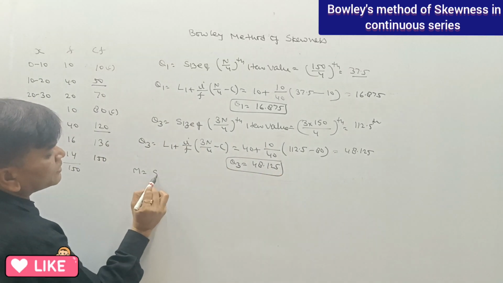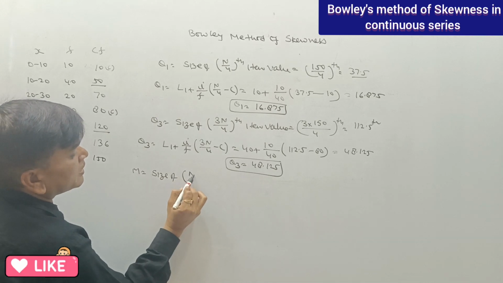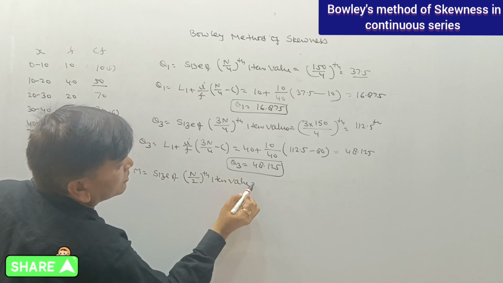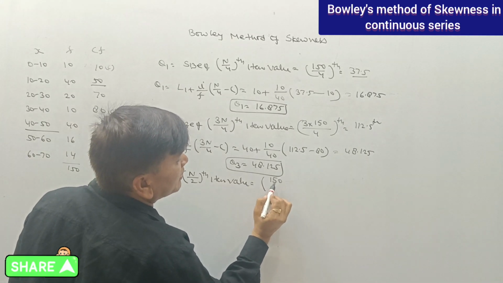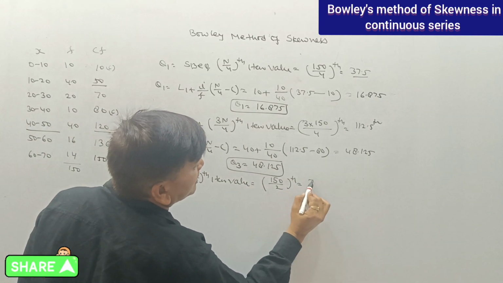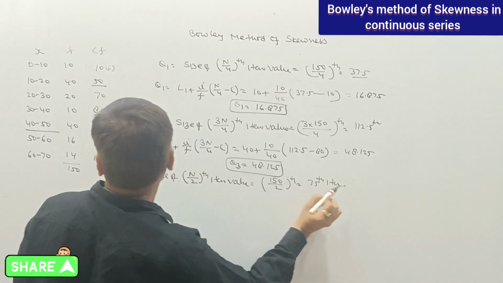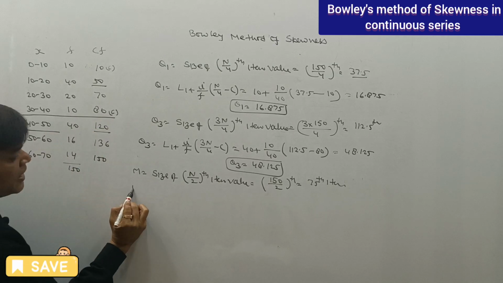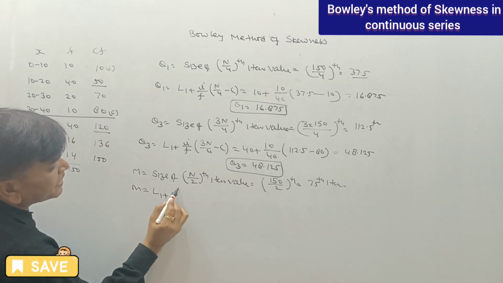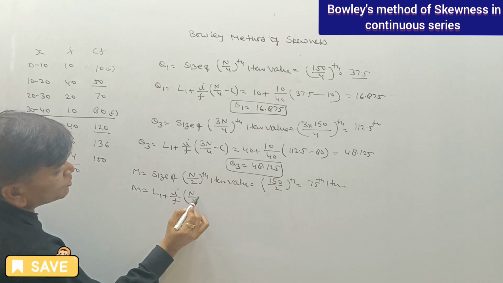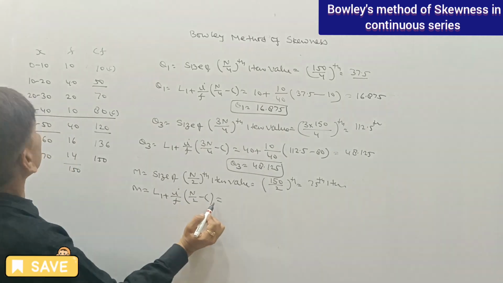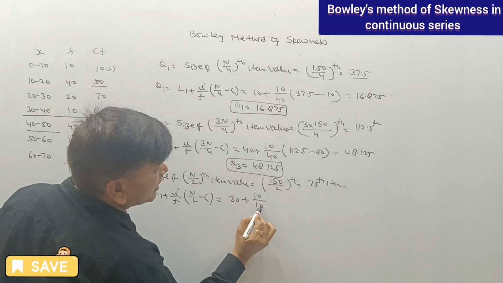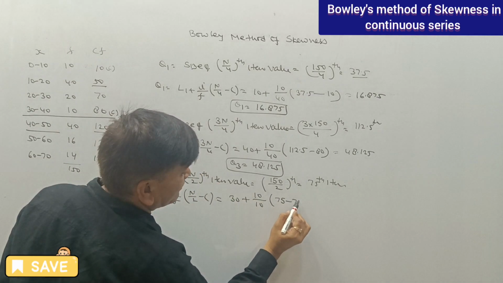Now M is equal to the size of the n by 2th item, so 150 divided by 2, that is the 75th item. So the 75th item lies in this class. So M is equal to L1 plus I upon F times n by 2 minus C. Putting in the values, 30 plus 10 upon frequency 10, times 75 minus 70.